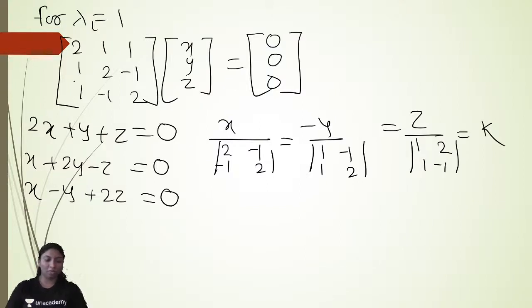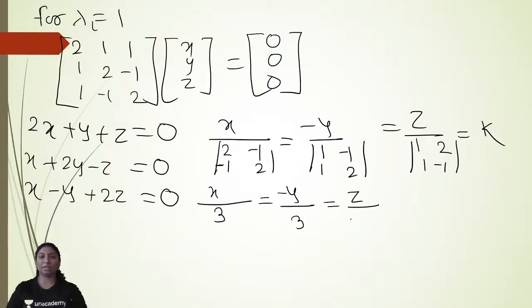Now x upon 4 minus 1, that is 3, is equal to minus y upon 2 plus 1, that is 3, is equal to z upon minus 1 minus 2, minus 3, is equal to k.